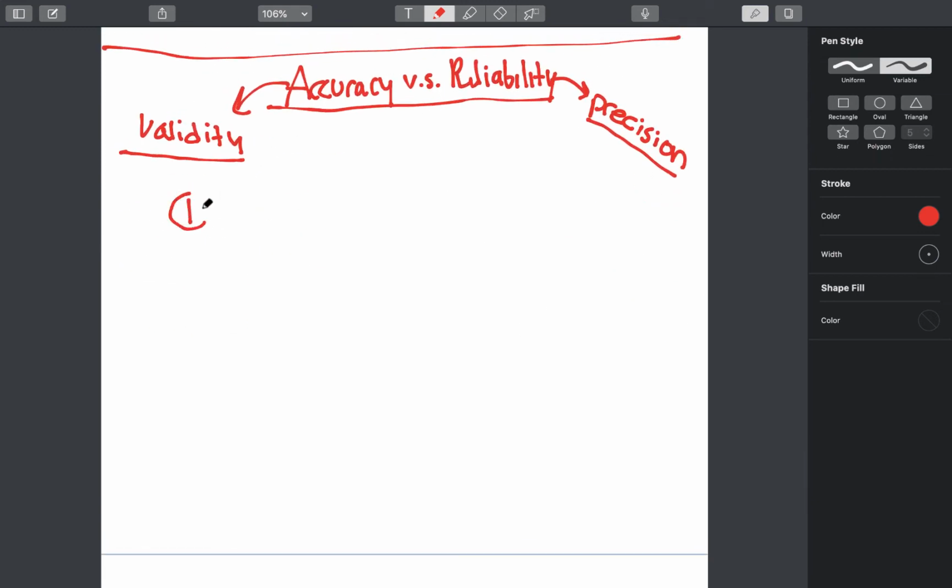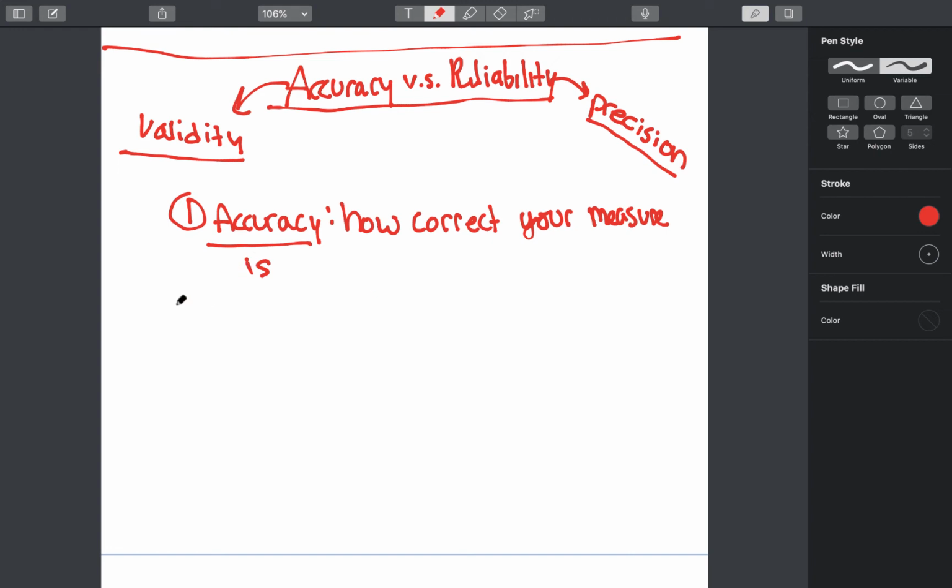So accuracy describes how correct your measurement is.